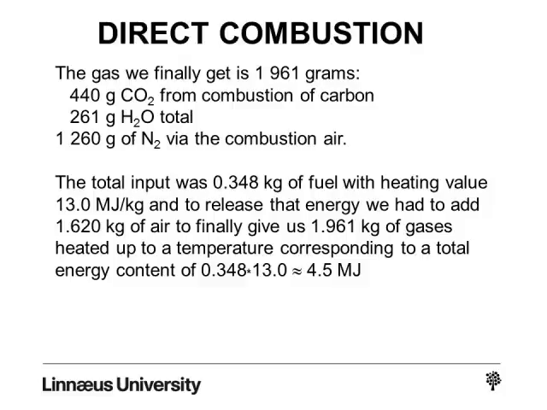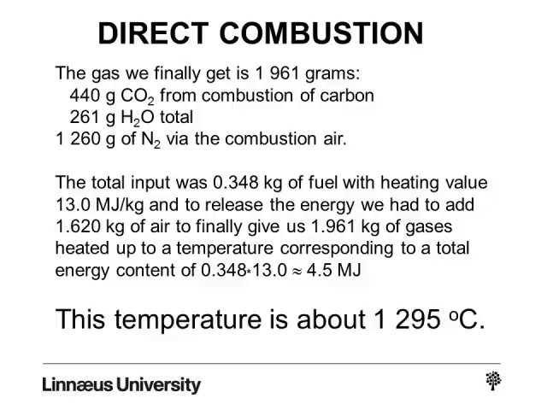All this energy is now present in the gas and is represented in the gas by an elevated temperature. So the gas from direct combustion becomes hot. And in this case, the gas temperature will be just about 1300 degrees C. This is what we can achieve from that fuel when combustion air is fed in at ambient temperature.